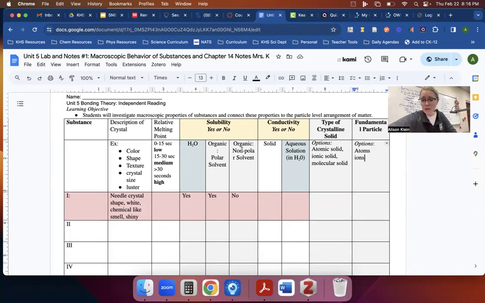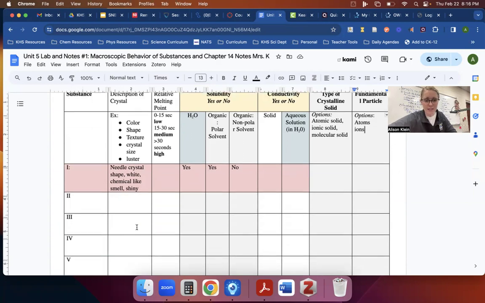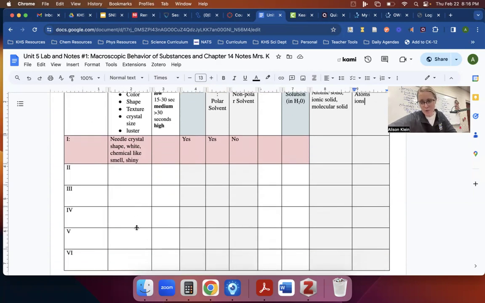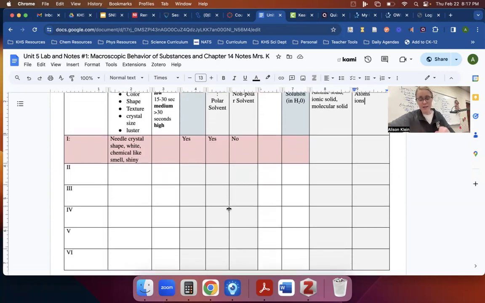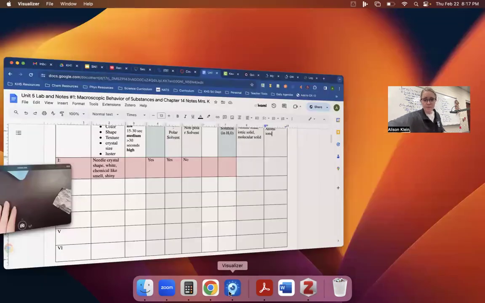So I have my document open with my notes from yesterday. In class yesterday, we investigated the 6 unknown samples. Some of you may be close to being done, but most of you are not done collecting data on the solubility of our 6 unknowns. So at my lab station, I have my 6 unknowns, and I'm going to test them for their solubility in our 3 solvents.